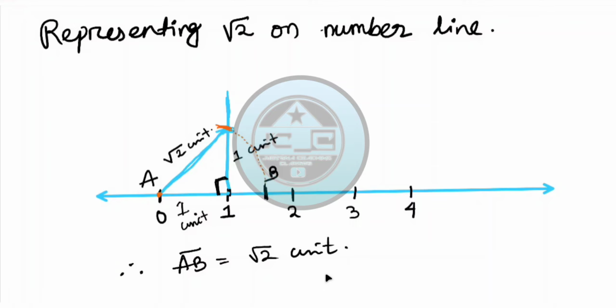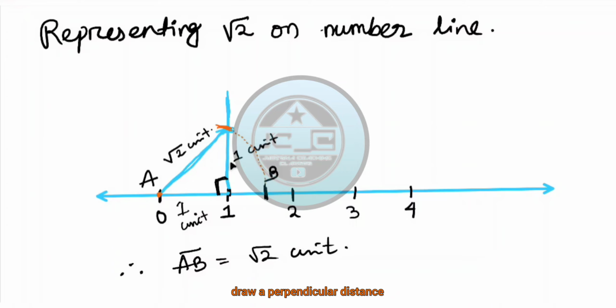Clear? So now I'm revising it. Exactly draw the number line here and mark 1 unit, 2 unit, 3 unit, 4 unit, using a scale or your ruler. Then take 1 unit as the base, and at the point of 1 unit draw a 90 degree angle.